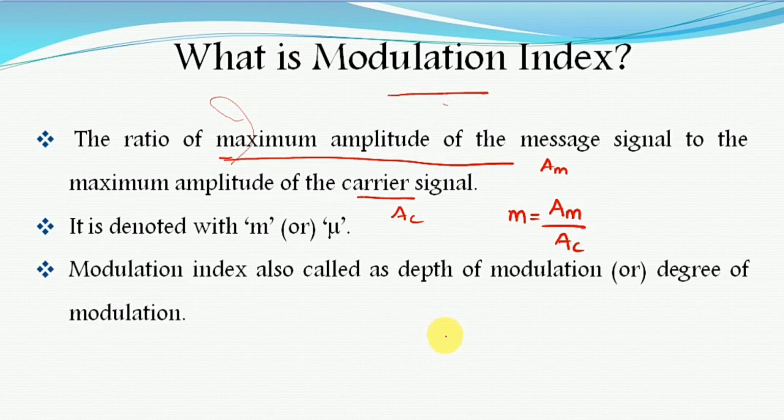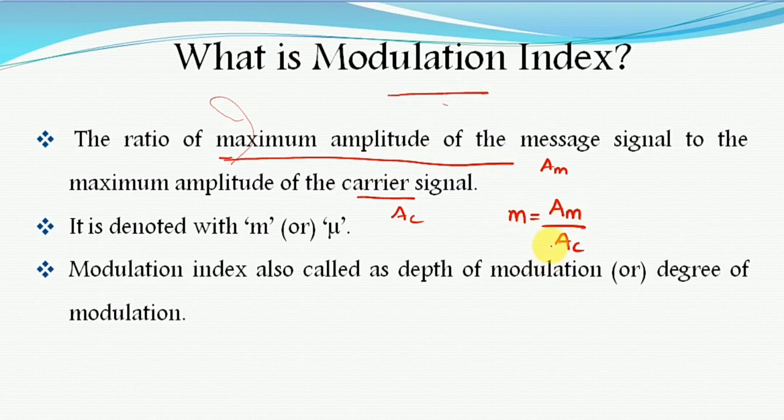So this parameter is very important in the communication system. Depending on the modulation technique, this modulation index value will be defined. For AM modulation we define the modulation index as the maximum amplitude of the message signal to the maximum amplitude of the carrier signal, that is m is equal to AM by AC.